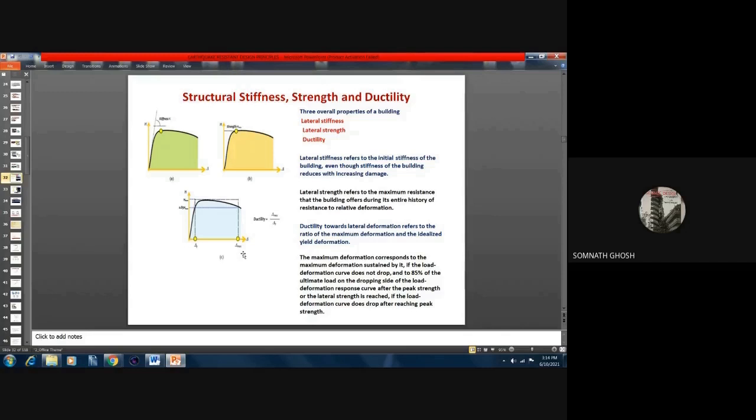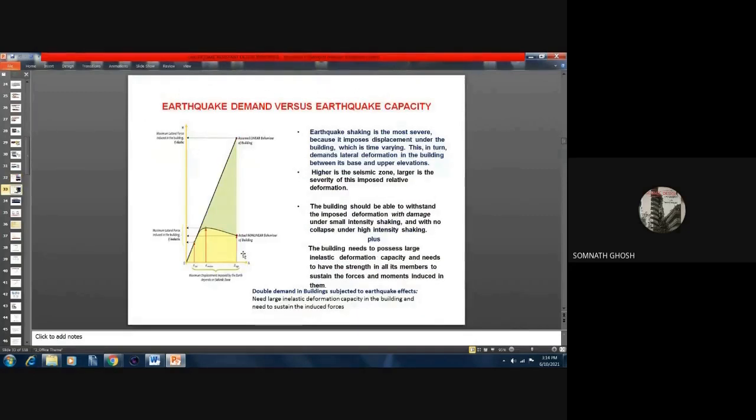Okay, so you have to be very careful while designing it. Now you see, if the building is a perfectly elastic building, the response is just a straight line.